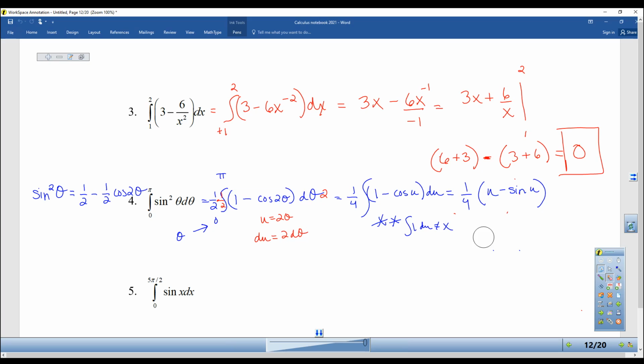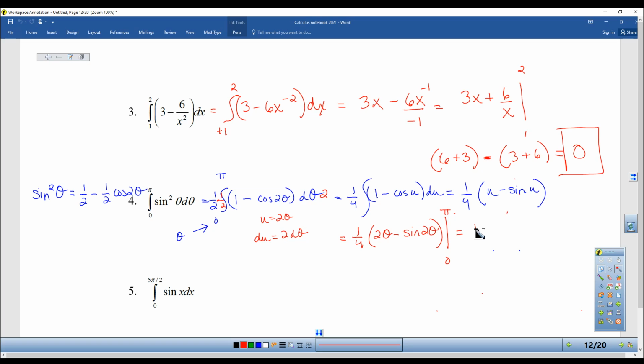And then before I actually finish, I change it back to x, so I change the u back. And I get 1/4, remember u is 2 theta, minus sine of 2 theta. And now that it's back in terms of theta, I can put my limits back in, which is 0 to pi.